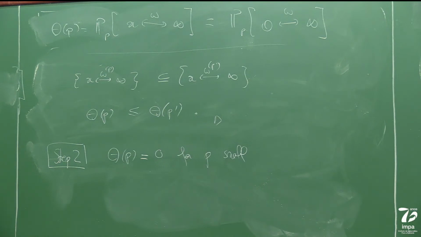Okay, so now let us prove that theta p is equal to 0 for small p.